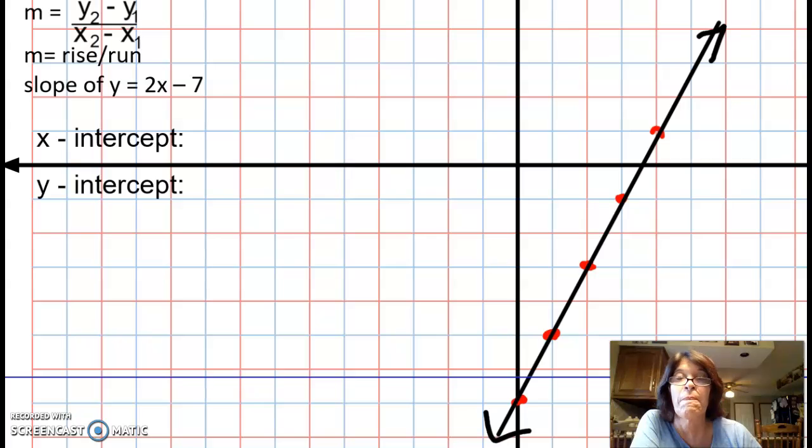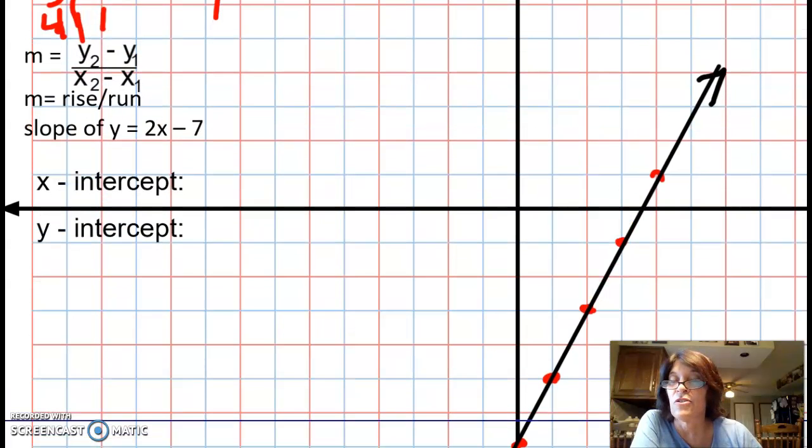All right. Every line has associated with it a slope. The slope of a line is the steepness of the line. By slope we mean steepness. So we just have a number that represents how steep my line is.